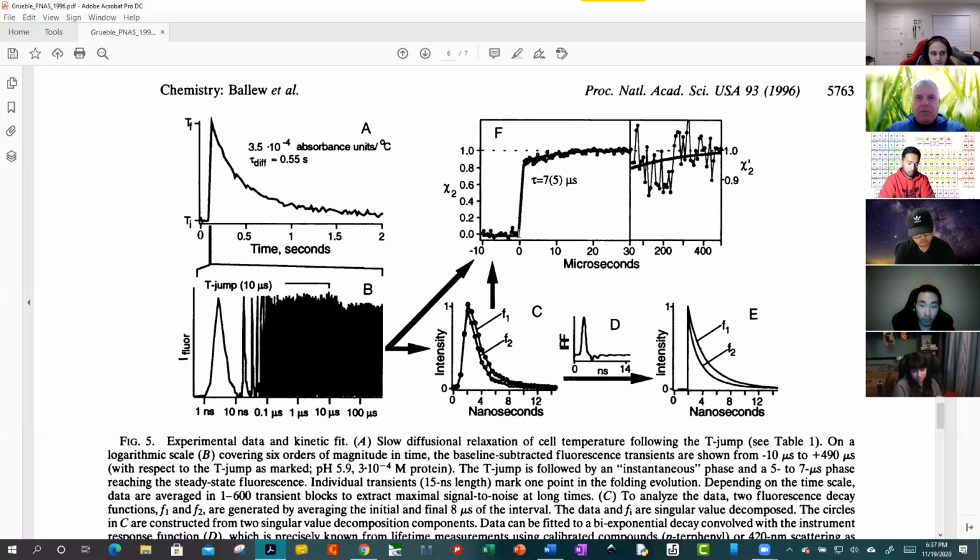And then at the time of the heating pulse, it jumps up very quickly and then it slowly reaches equilibrium. And it's this slow approach to equilibrium from which all of the kinetic information in this paper comes. Does that make sense?